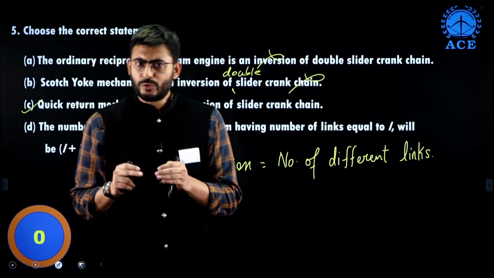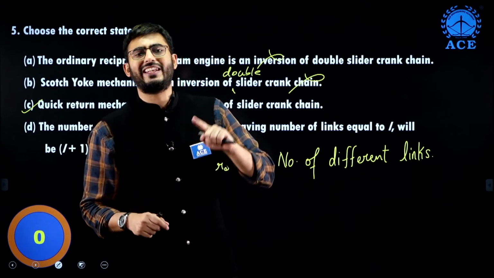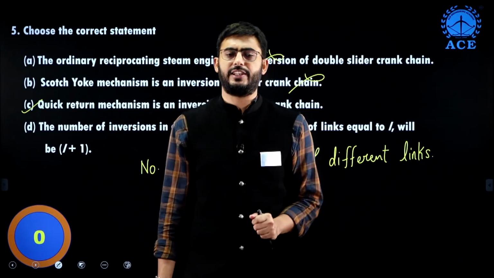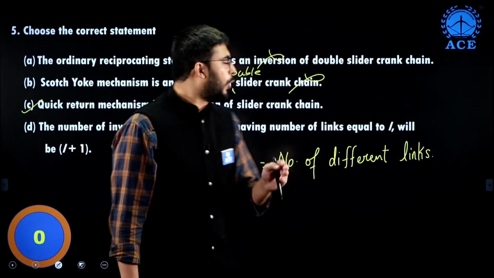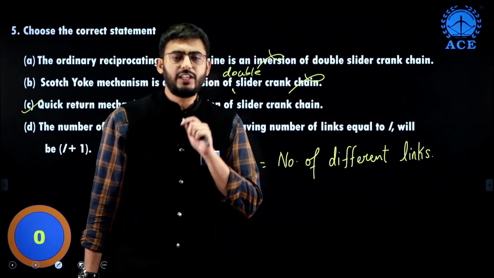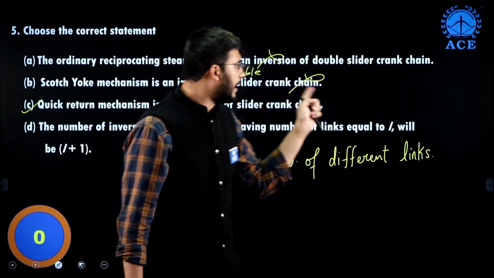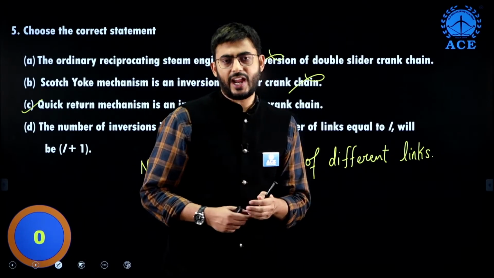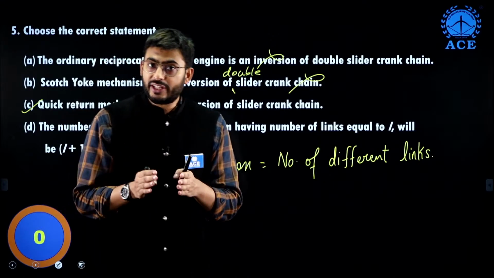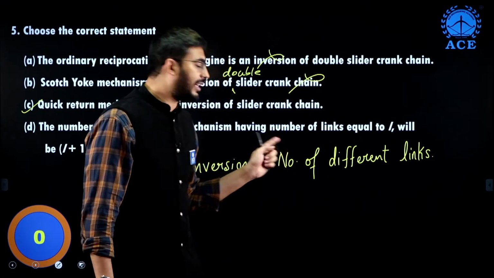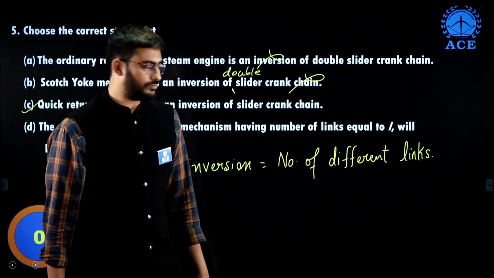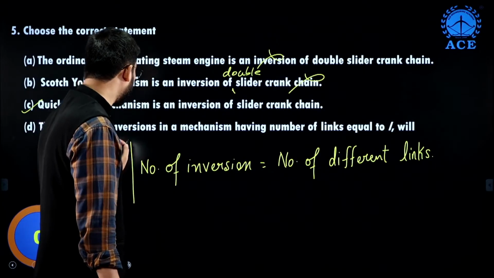Here link number 2 and link number 4 are identical in nature, and that is why we have 3 inversions under the double slider mechanism, and 4 inversions in the single crank slider mechanism.